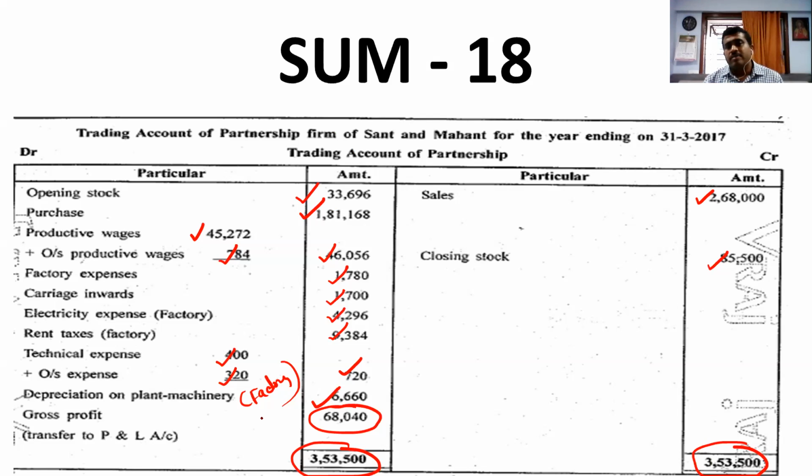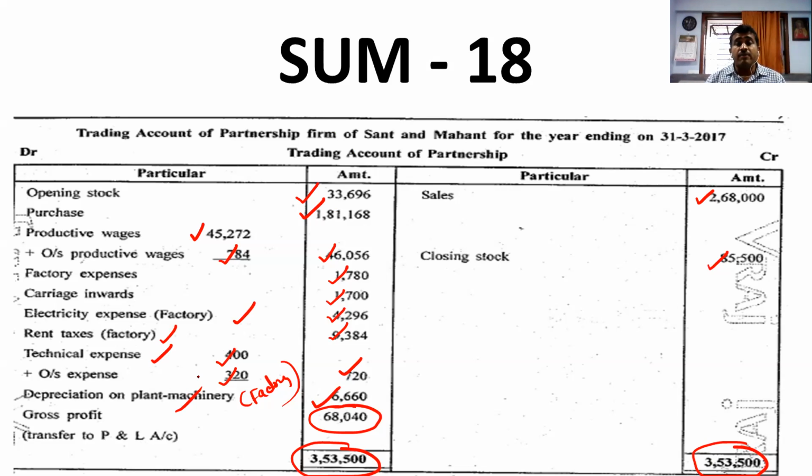In this sum, the trading account was much bigger than the profit and loss account. Whenever the word factory comes, we have to take it in trading: electricity expense, rent and taxes, technical expense, plant and machinery.